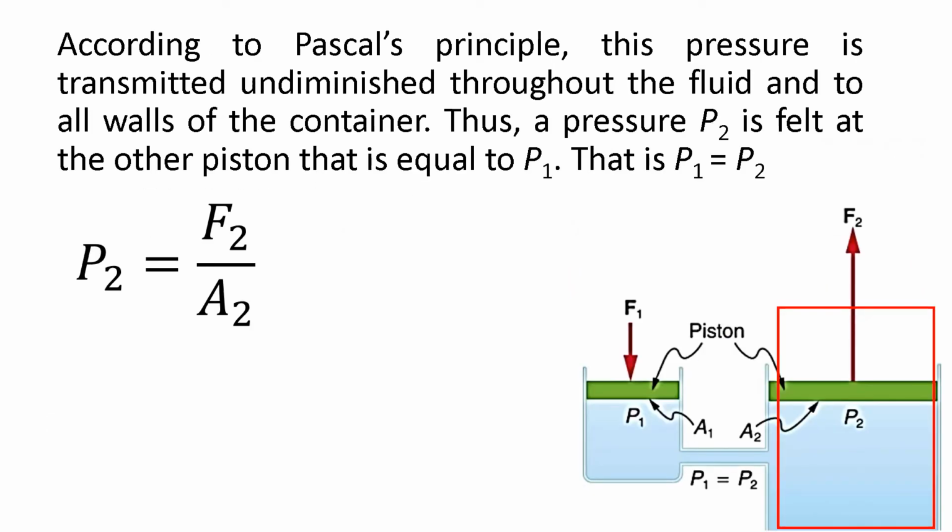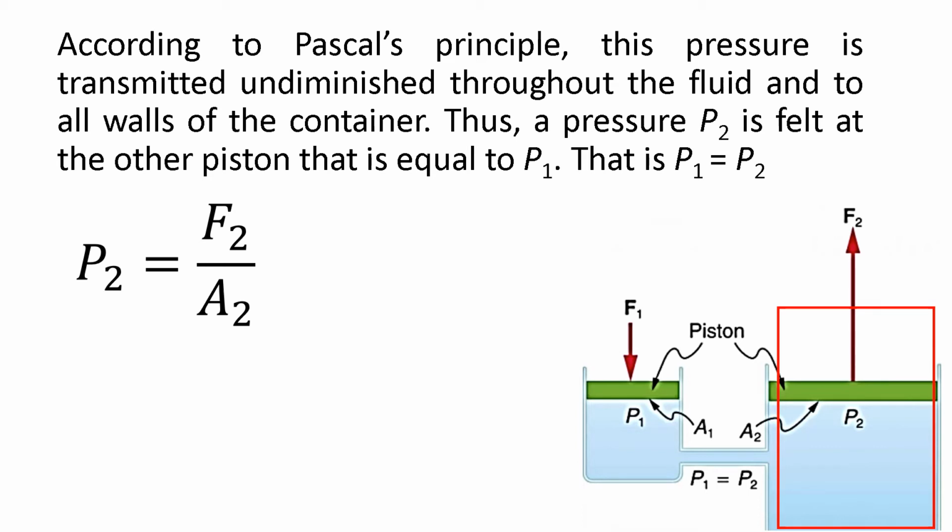According to Pascal's Principle, this pressure is transmitted undiminished throughout the fluid and to all walls of the container. Thus, pressure 2 felt at the other piston is equal to pressure 1. Meaning, pressure 1 is equal to pressure 2. The formula is still the same.